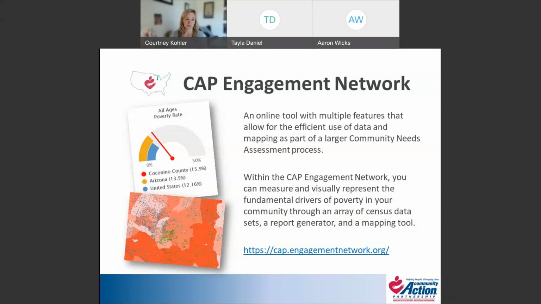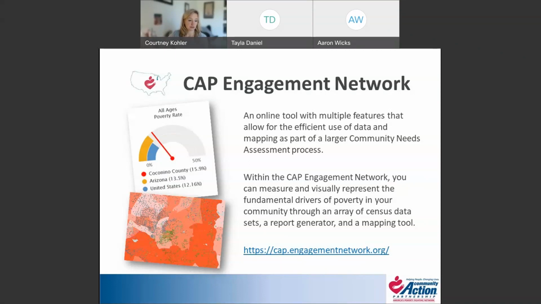As a part of this tool, there's lots of charts and graphs and dials, so that can be helpful with communicating your data. You're able to export it all into a Word document or PDF. You can clip out the different graphics and use those in other ways, so you don't have to keep it in the same format. And then there's also a mapping tool, so that can really help to visually represent your data across your geographic service location.